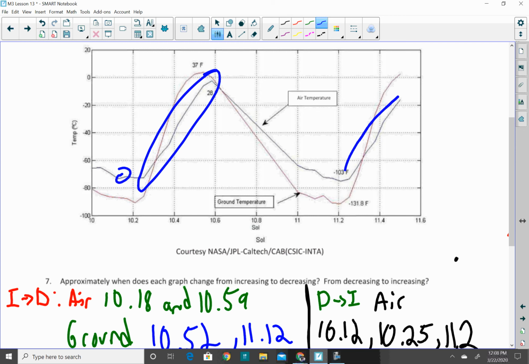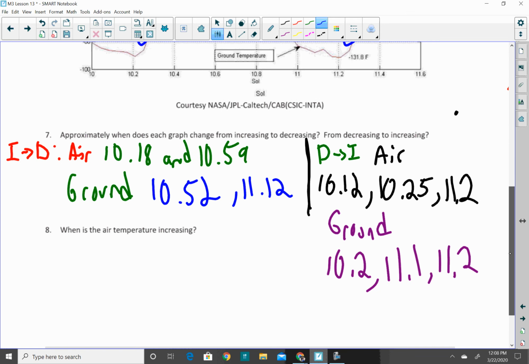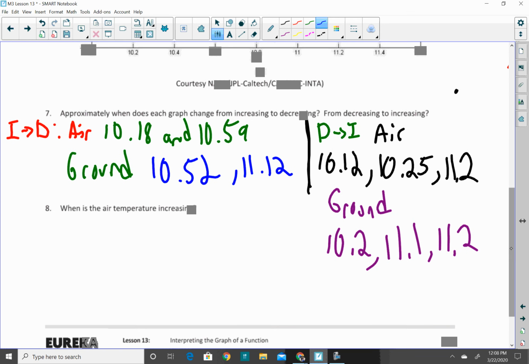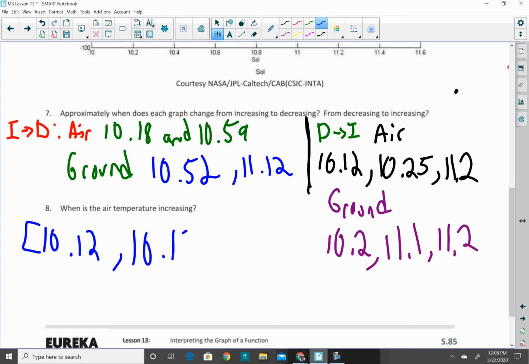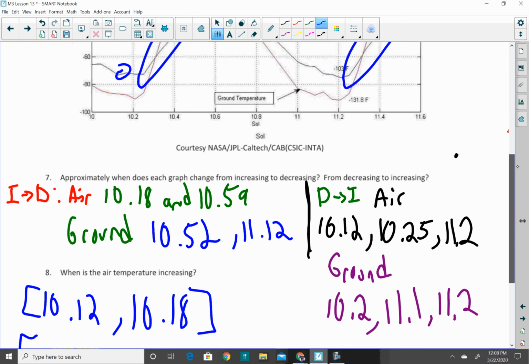So what are those intervals? Let's do that first short one. We're going to say that's between the interval 10.12 and 10.18, right? The square bracket, that's how you write the word interval. Instead of writing the whole word out, interval, we just use these square brackets.